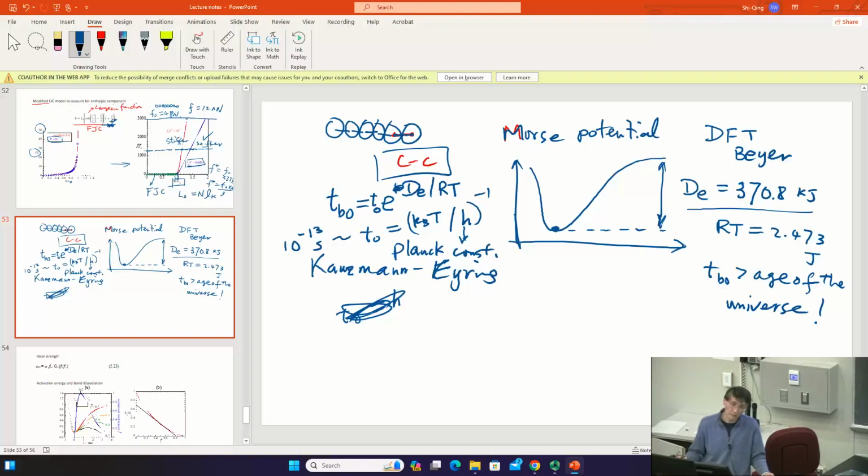Don't ask me to have any opinion on it. This is textbook knowledge. I'm not going to do anything about it. But Kauzmann and Eyring in the 1940s proposed that if you have enough force, you can break that bond.